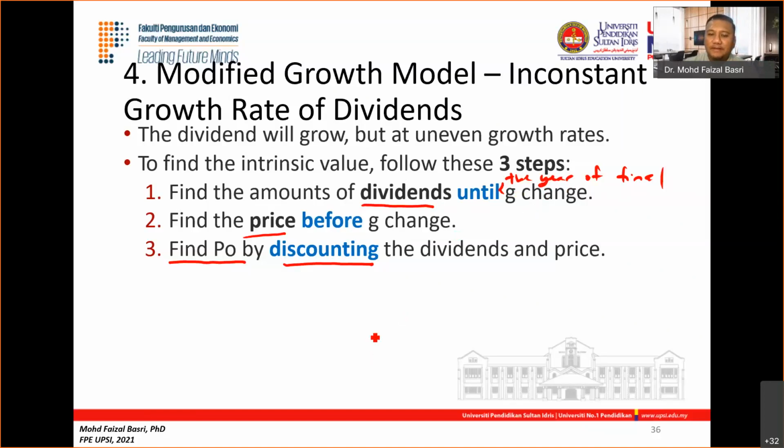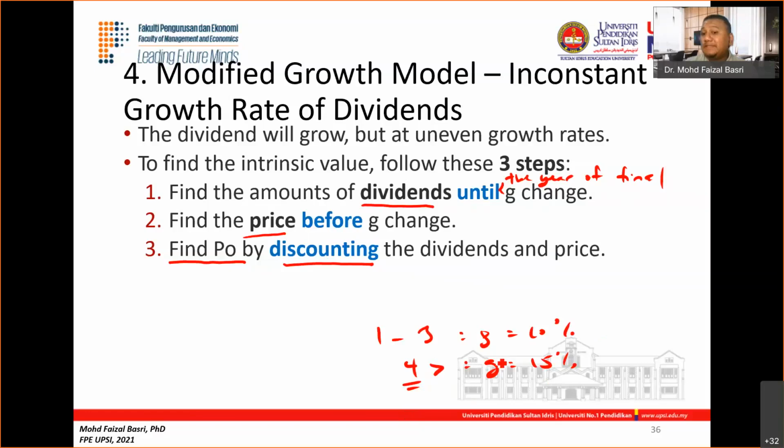For example, the first until third year, katakan the G is 10%, and 4 years onwards, the growth rate is 15%. So we have two Gs. The first 3 years is 10%, the fourth year onwards, 15%. So for the first step, we're going to find the dividends until they change from 10 to 15 in year 4, until dividend number 4, the year of the final G change. So our G changes in year number 4.